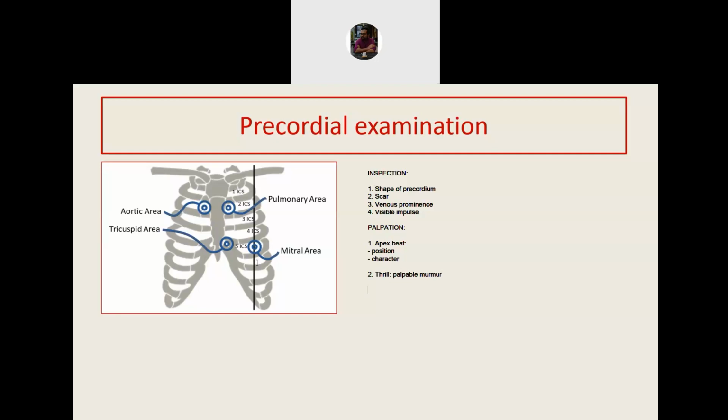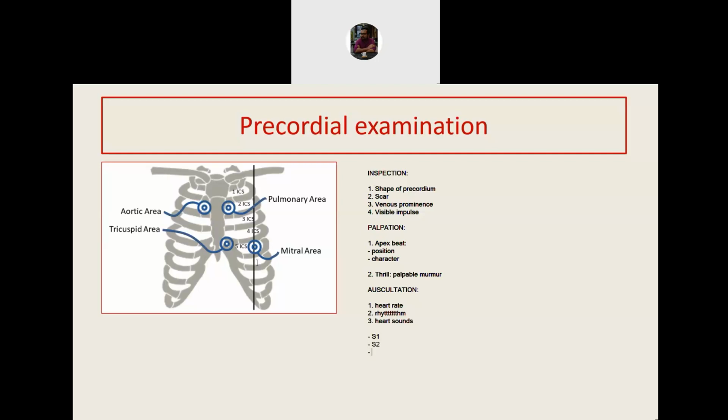After palpation, we go straight to auscultation. While auscultating the precordium, you auscultate all the four areas, taking good care to note the heart rate, the rhythm, heart sounds, and under heart sounds, you try to note the properties of first heart sound, second heart sound.